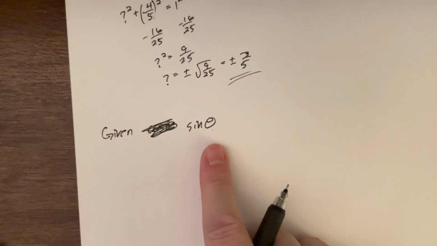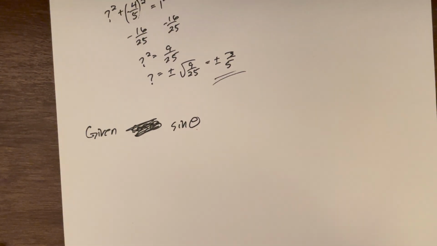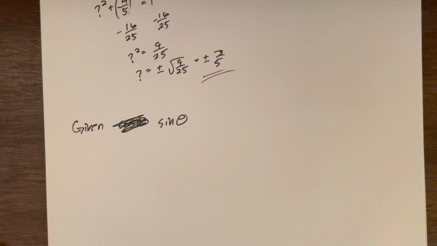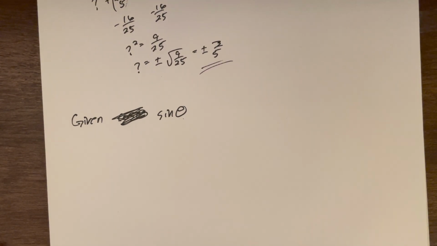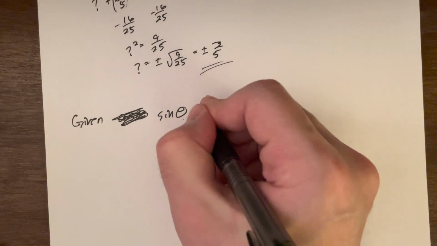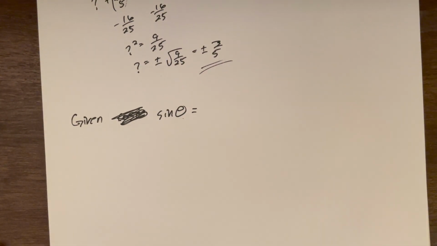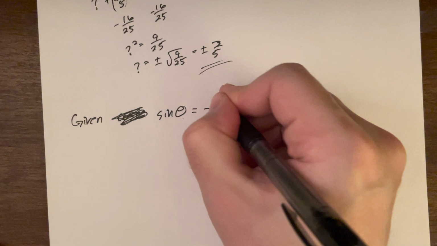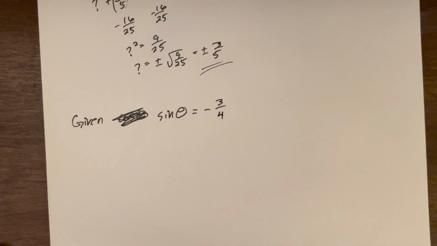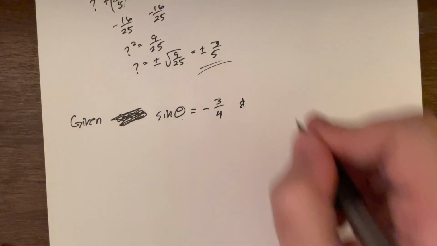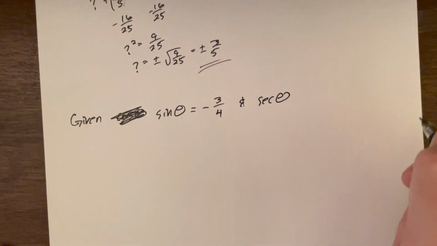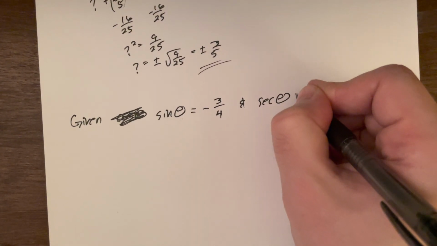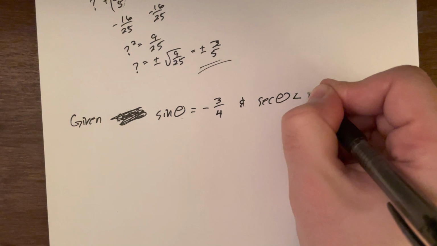I don't want you to see it as the exact same problem. I want you to have fresh examples, but to realize it's very similar to something we've done before. So let's say we are given that sine of theta is negative 3/4, and we are given that secant of theta is less than 0.